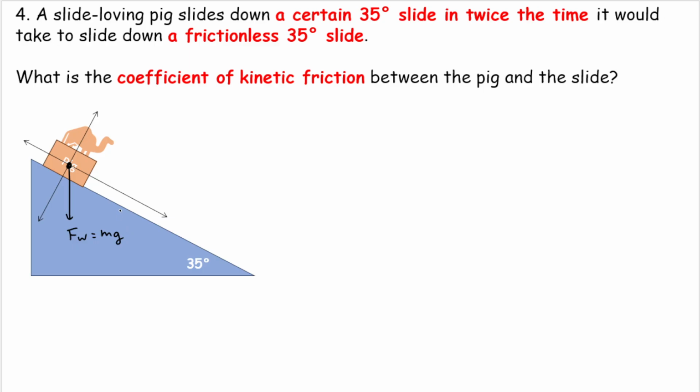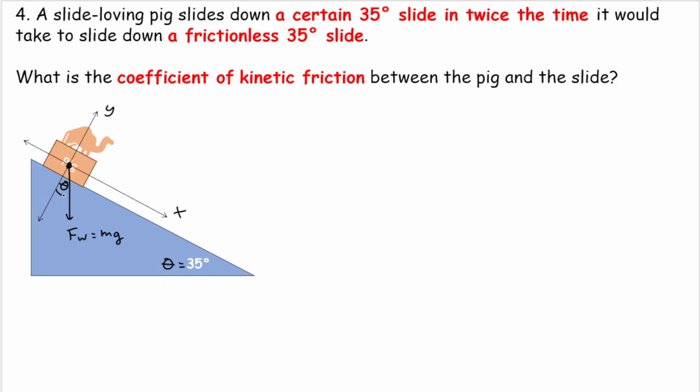Now because it will move in this x direction, we need to project the weight into the x and also the y direction for the purpose of calculating the friction. So here I will have this theta, which is also the same as this one here. So theta is 35 degrees.